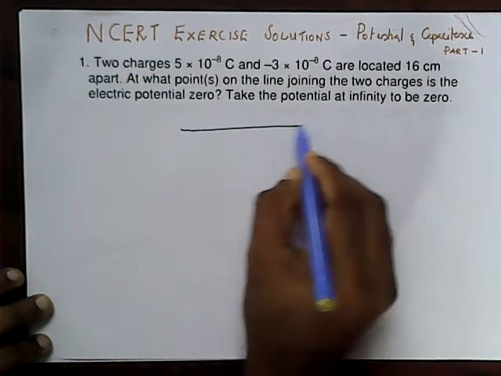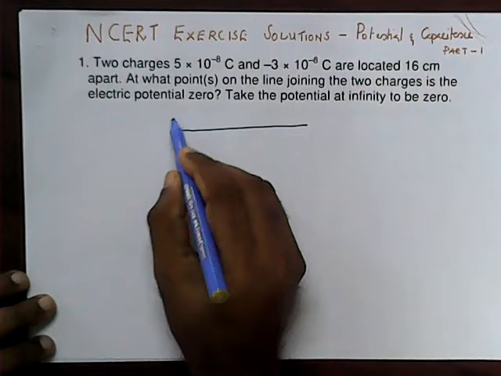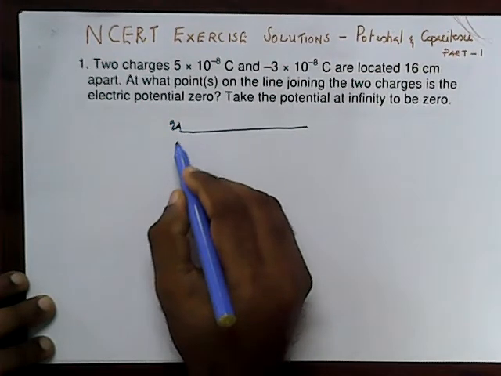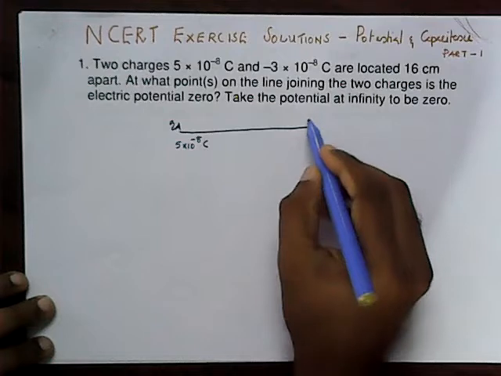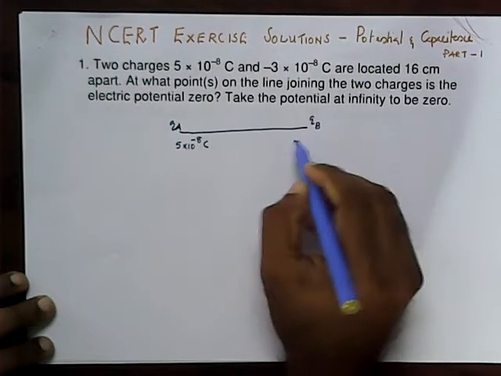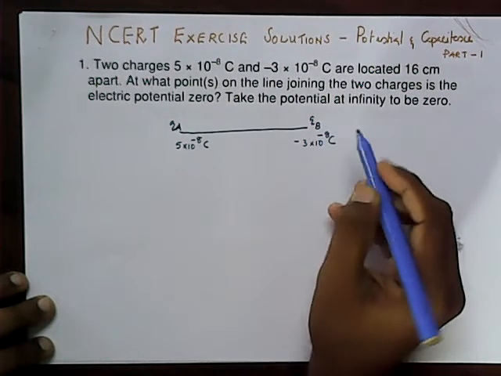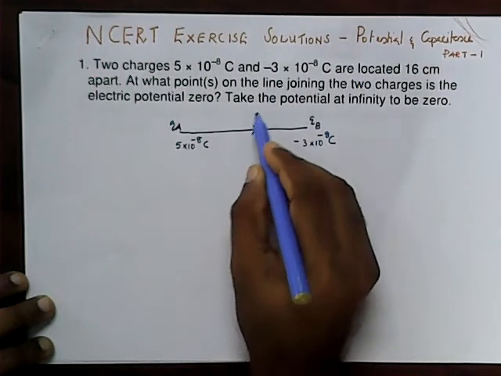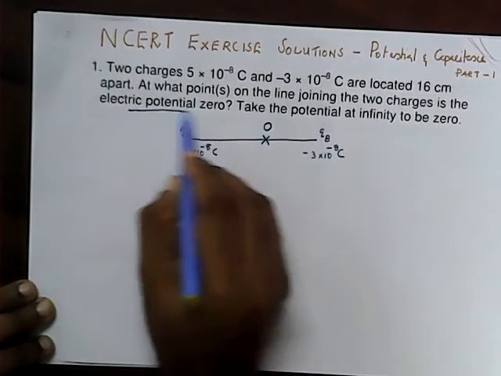Here the two charges, say we can take as QA, that value is given as 5 into 10 raised to minus 8 coulomb, and QB that is given as minus 3 into 10 raised to minus 8 coulomb. And we can say at this point O, the potential is 0.